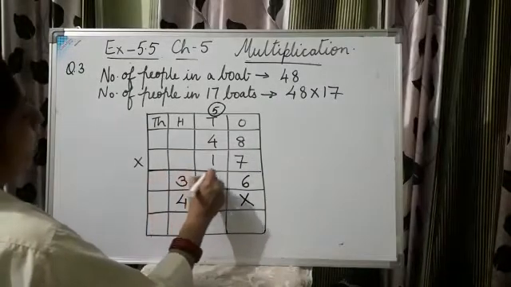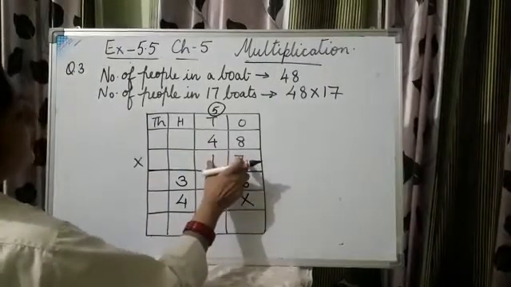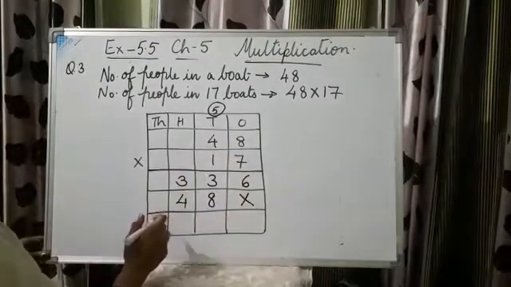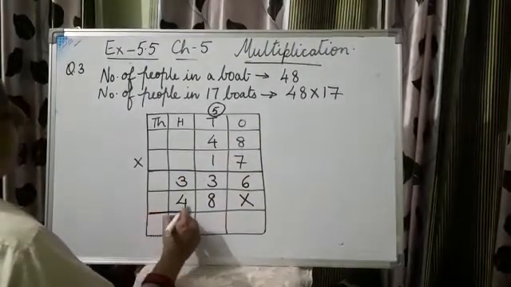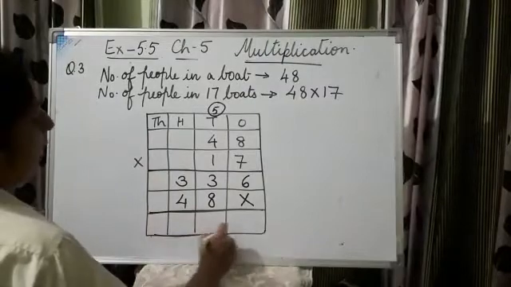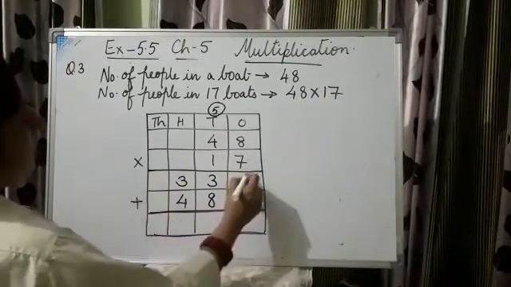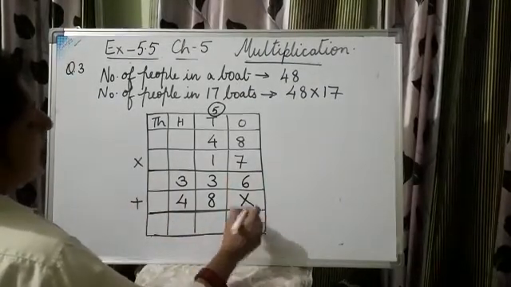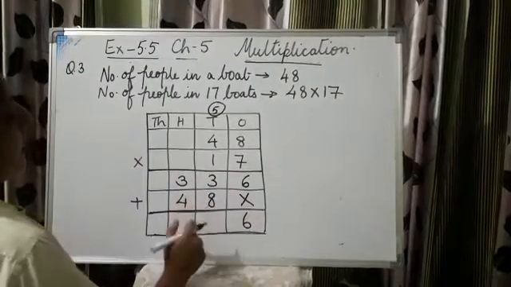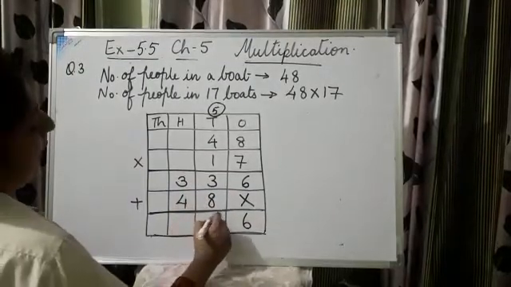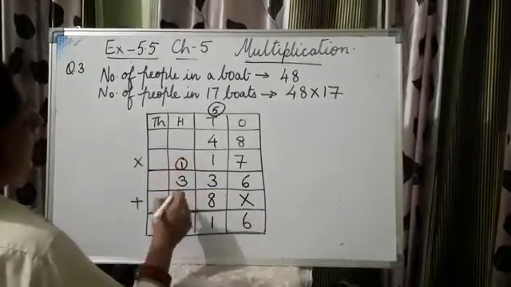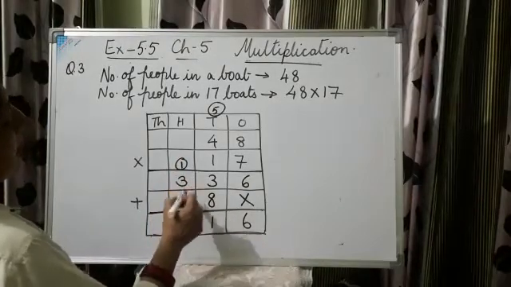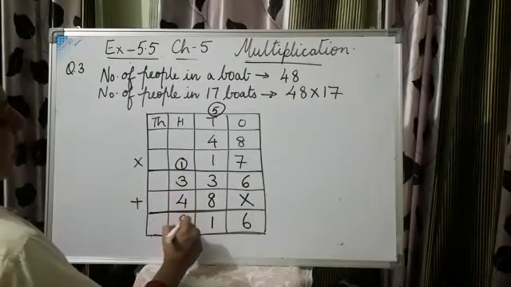Now, both the digits have been multiplied with the upper number. Now, we are going to add up both the products. That is 6 added with nothing is 6. 3 added with 8 is 11. 1 carried to the next place. 1 plus 3 is 4. 4 plus 4 is 8.